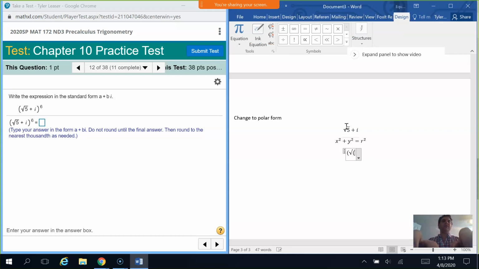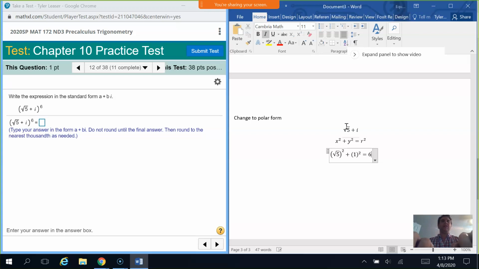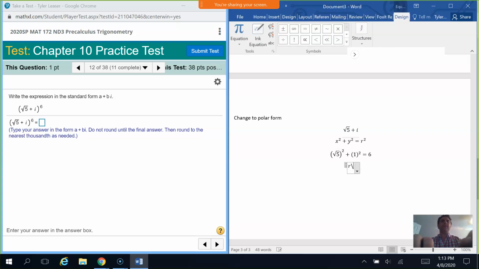That's going to be the square root of 5 squared plus 1 squared. That's just 6, which means that my r is just the square root of 6. Okay.